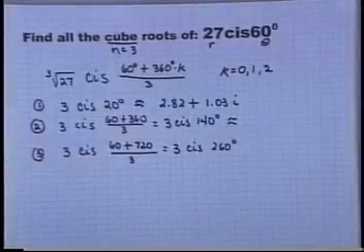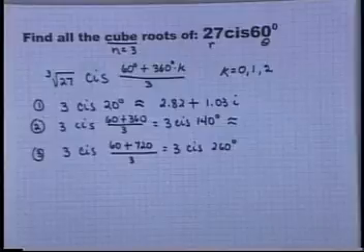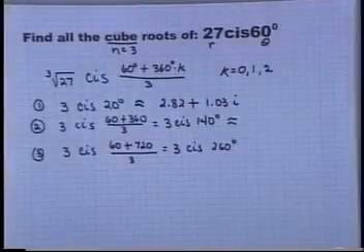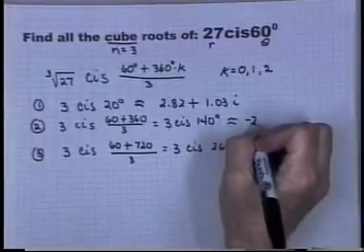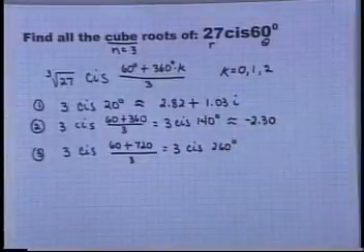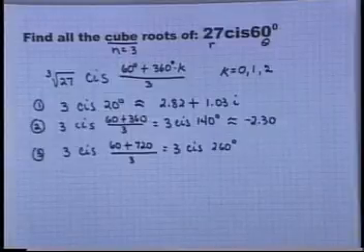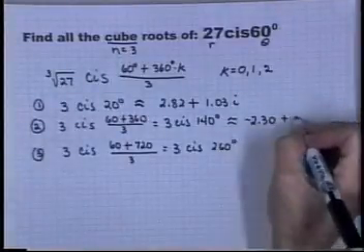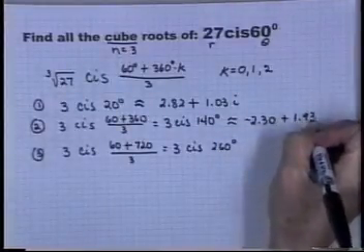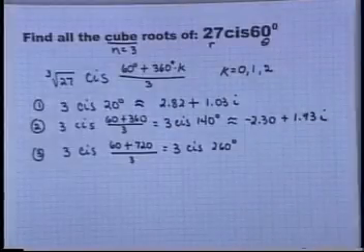Okay, on this second one, we'll do an approximate value. I'm going to do 3 times the cosine of 140 degrees. That's about negative 2.30. And then 3 times the sine of 140 degrees, and that's a positive number, so plus 1.93 times i. There's a second cube root.